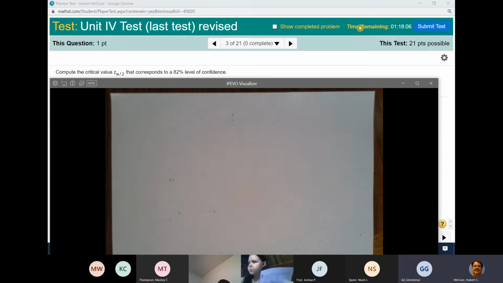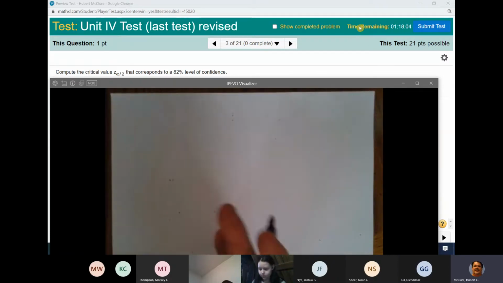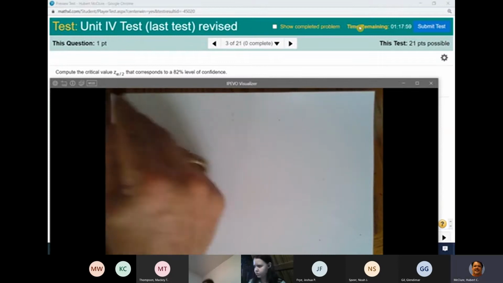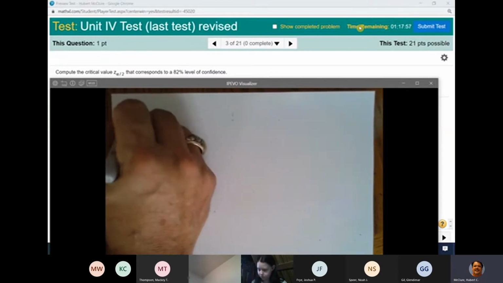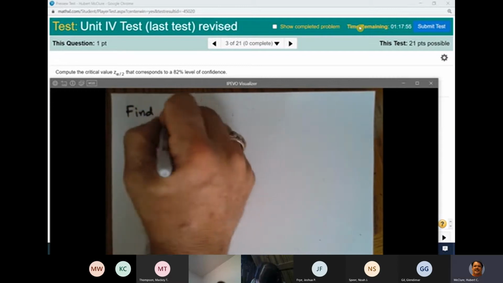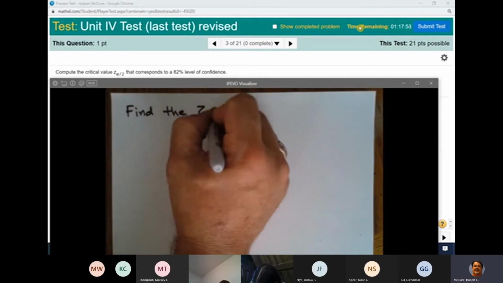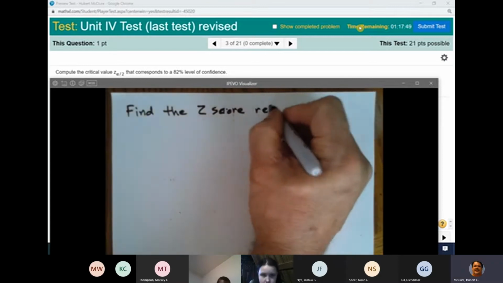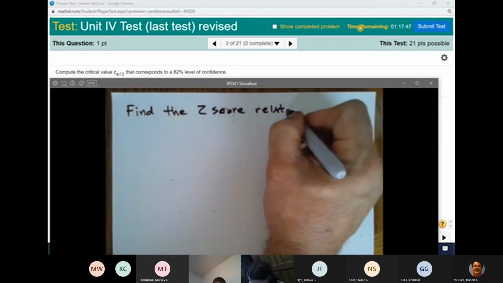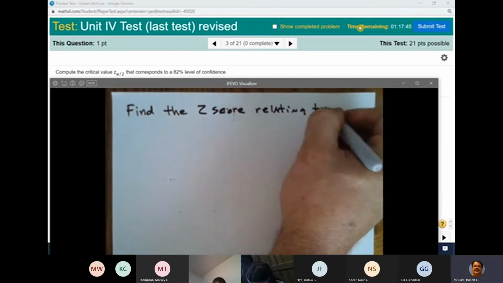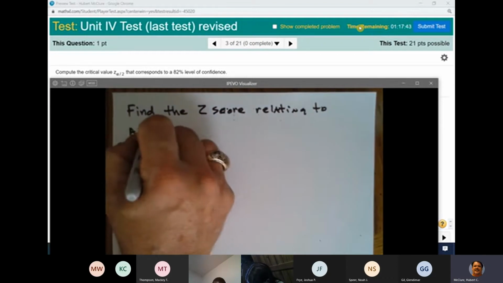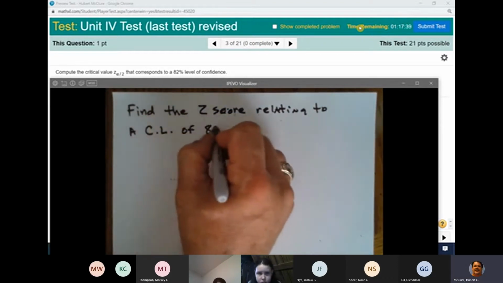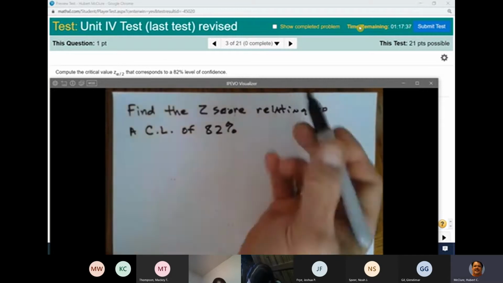So I'm going to do it longhand. What does this direction say? It says find the z-score relating to a confidence level of 82%.